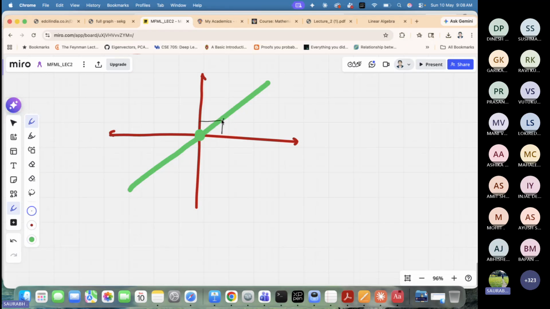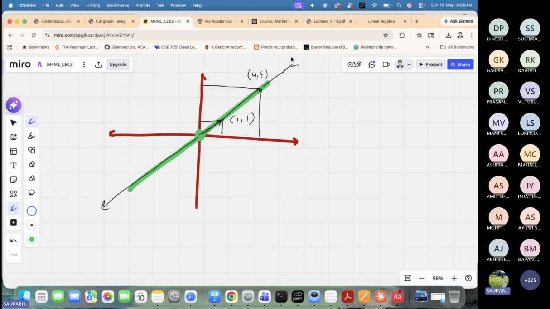We have a vector 1 comma 1, and then we have a vector, let's say 4 4. These are the two vectors that we have. When we add these two vectors, the output is going to be 5 5, right? Let's say this line is infinitely extended up to infinity.